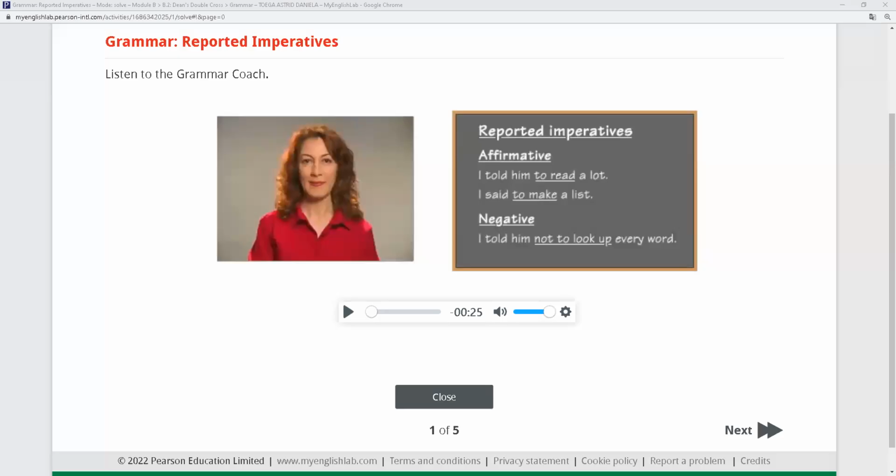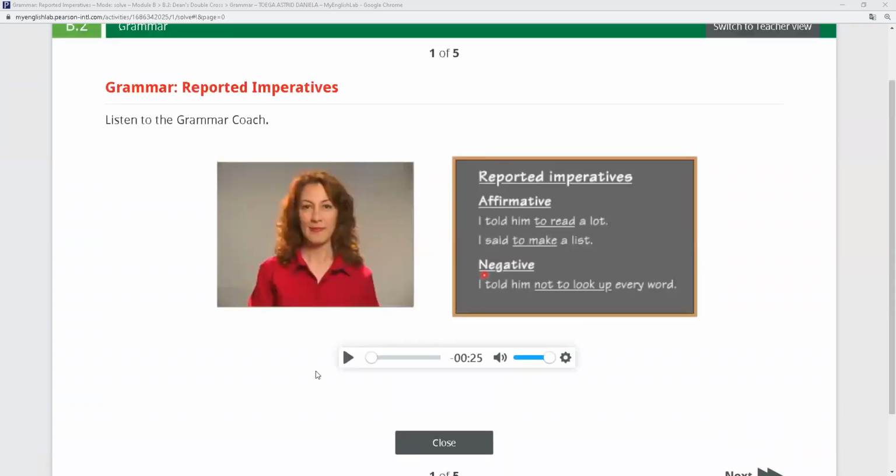Oh yes, it was the last lesson, simple past and past continuous. So today's lesson is going to be about reported imperatives. I'm going to share my screen, and once you can see it, please let me know. Yes, teacher, I can see.